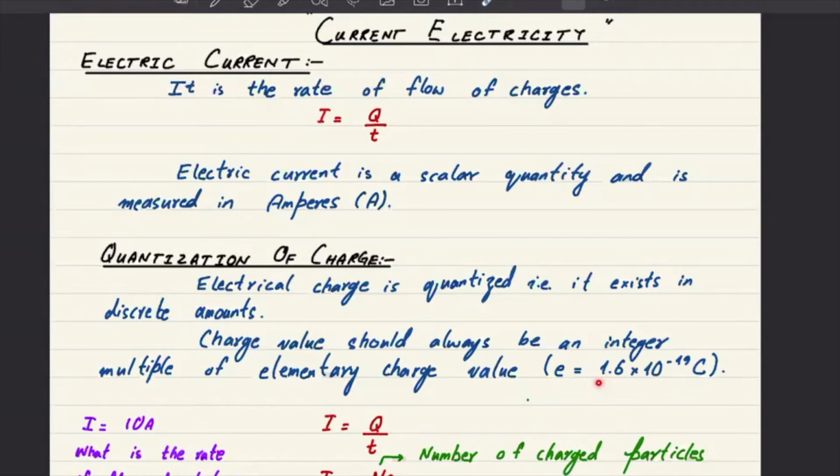If there are 3 such particles involved, it will be multiplied by 3. So it can't be anything in between 1.6 times 10 to the power minus 19, or 2 times 1.6 times 10 to the power minus 19, or 3 times 1.6 times 10 to the power minus 19, and so on. It has to be an integer multiple of the elementary charge value, which is why we say that the amount of electrical charge is quantized.